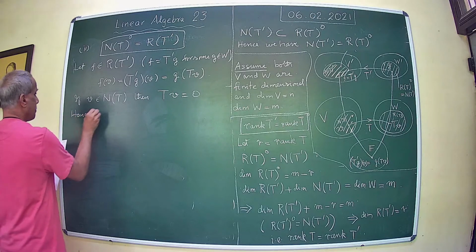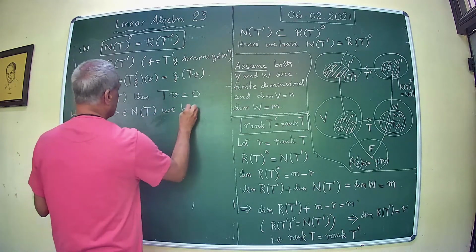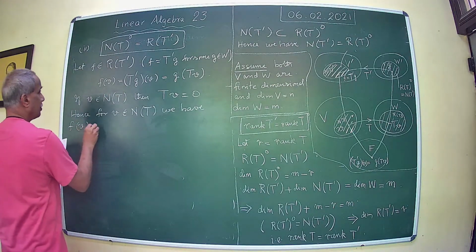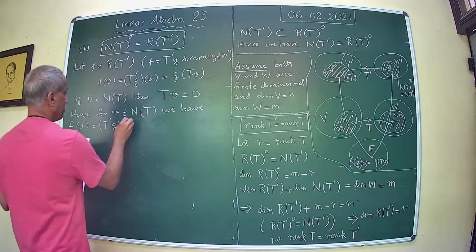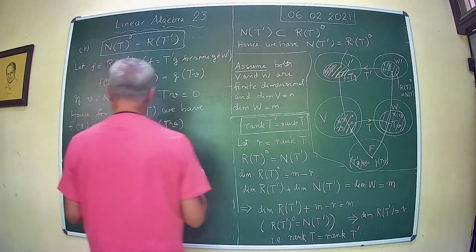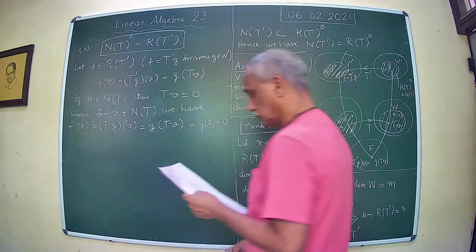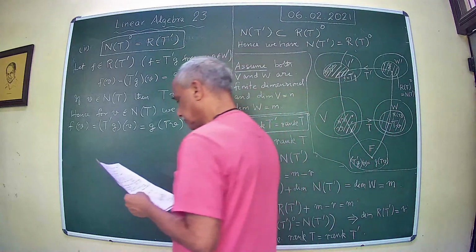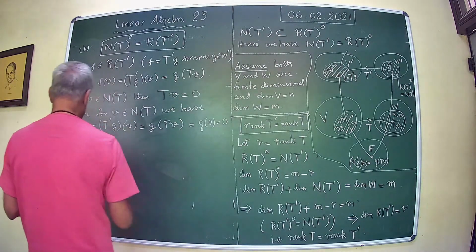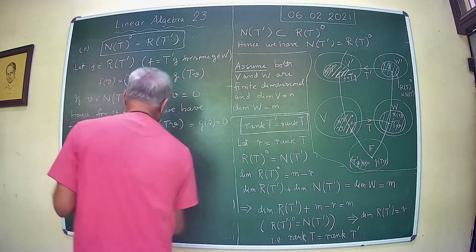Hence, for V belonging to the null space of T, we have F of V equal to G of T V, which is G of 0 equal to 0, which implies F belongs to the annihilator of the null space of T. So one part we have proved.